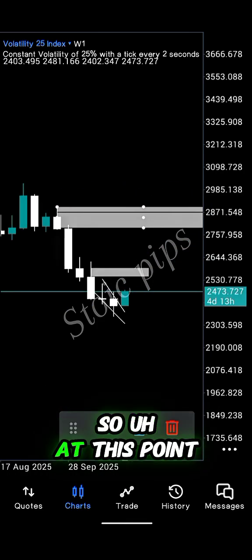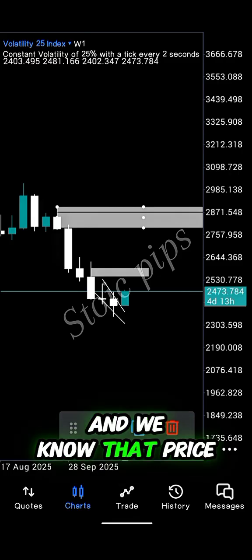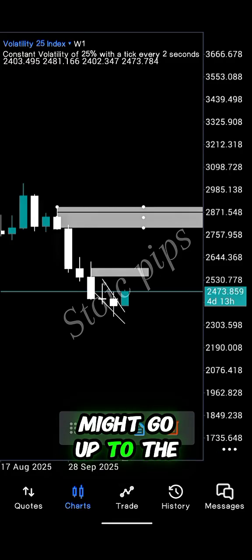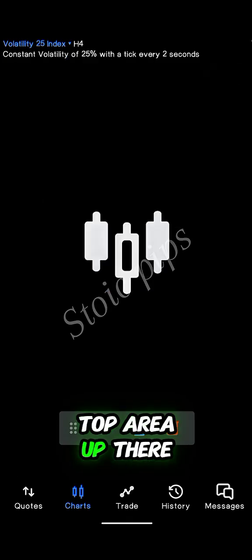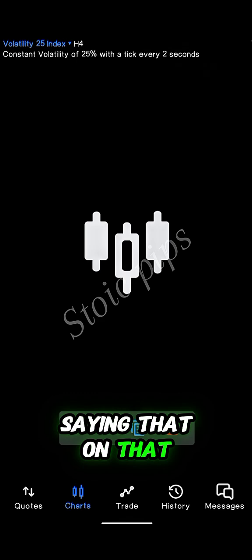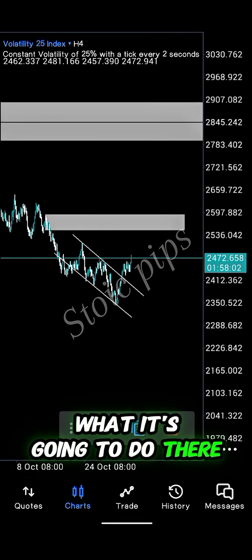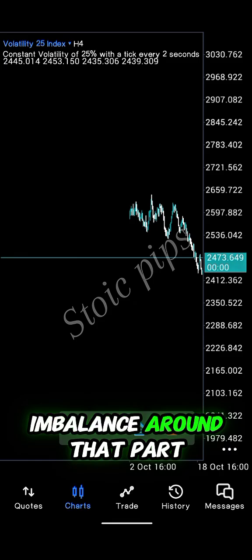So at this point, price is going to that area up there, and we know that price might go up to the top area up there. Those of you who know price action know why I'm saying that. On that daily, you can see what it's going to do there. It's going to fill the imbalance around that part.